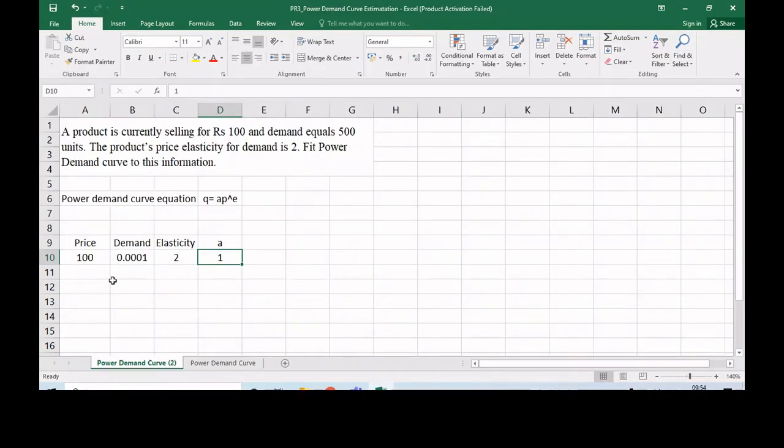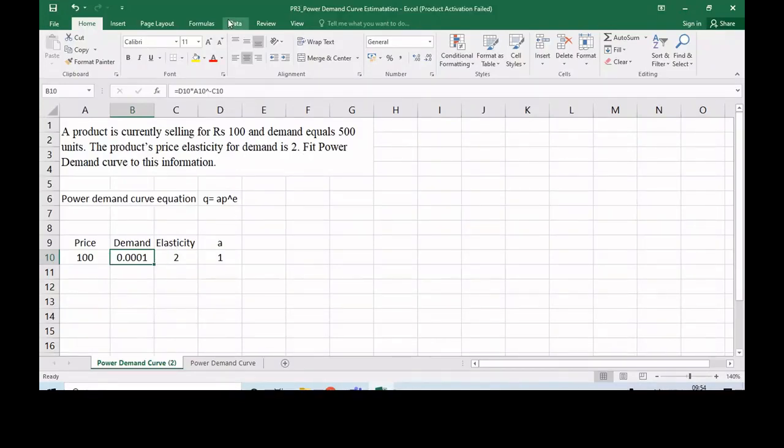I hope you are getting it. So Excel has a goal seek function, and we have to utilize this goal seek function. The logic for goal seek is that our goal is demand should be 500 units. So in cell B10, the value here should appear as 500. So that is our target. So that is our goal.